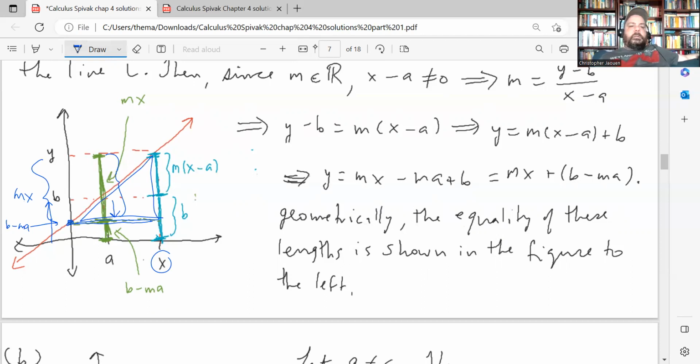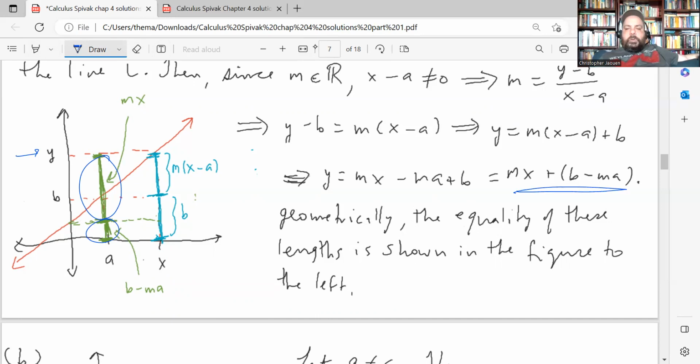So if you look, the green line segment here is b minus ma plus mx, so that the y coordinate here has that height, right?